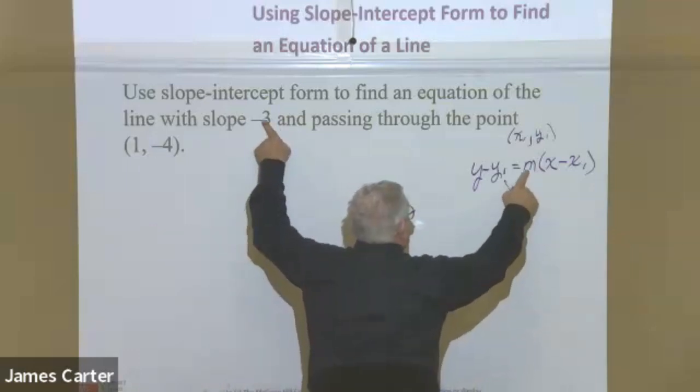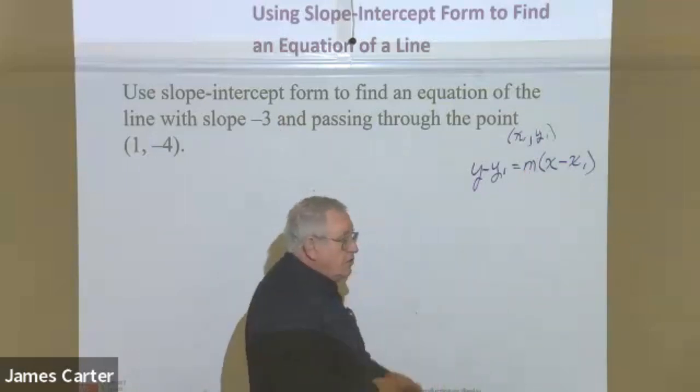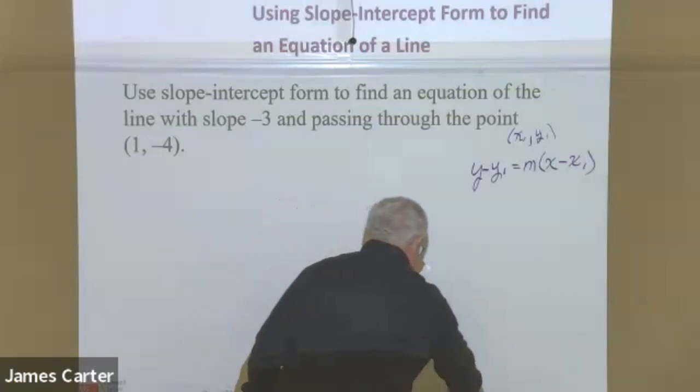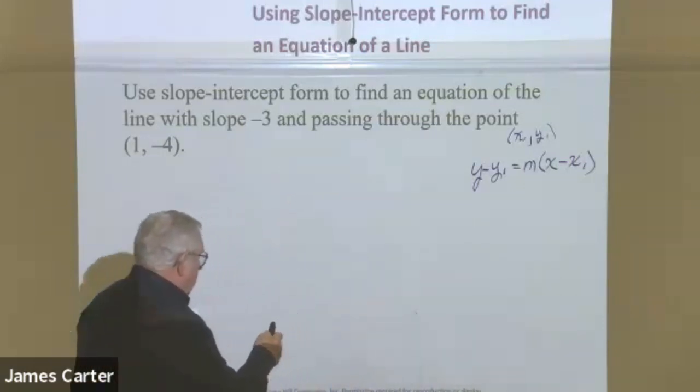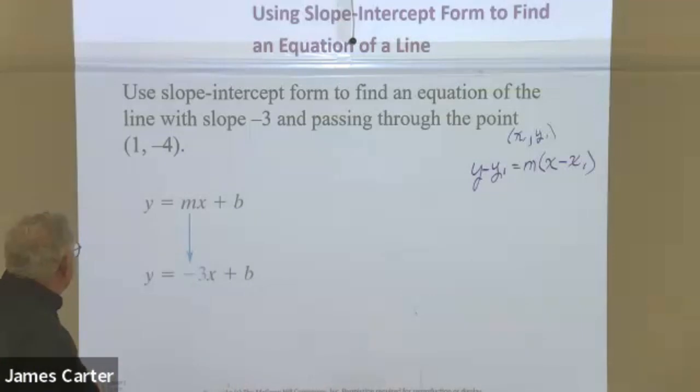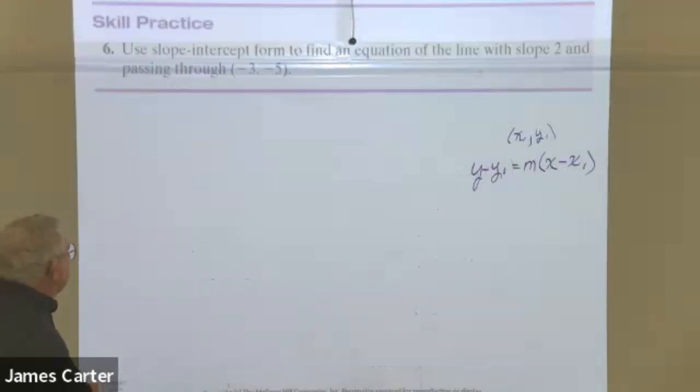In this case, the slope is -3 in this particular case. Okay, so we can put this -3 into here. I'm not going to have you do it the way that they're showing in this example.